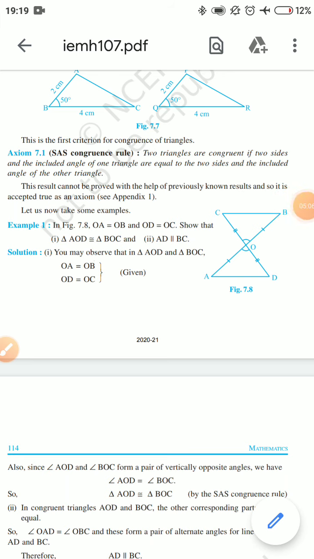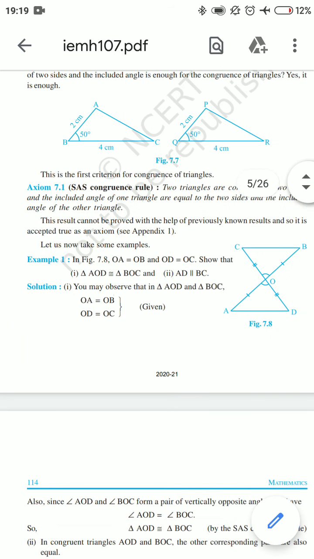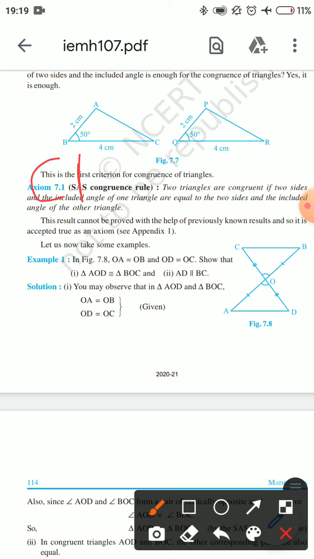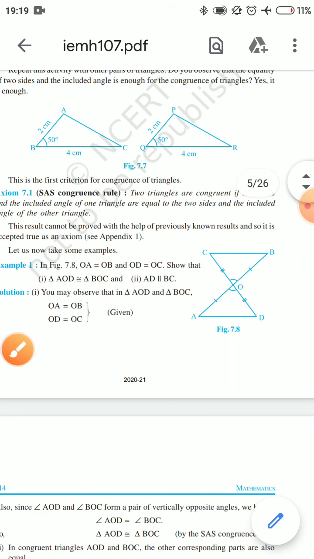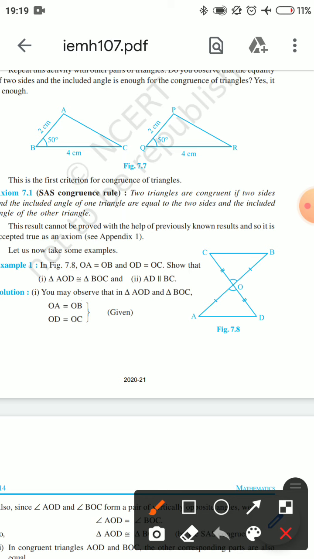So for these two sides to be parallel, we need to see that the corresponding parts of these two triangles will also be equal. This rule is known as CPCT, that is, corresponding parts of congruent triangles are equal, which means if these two triangles are congruent, then their corresponding parts will also be equal. That is, this angle A will be equal to angle B, right?